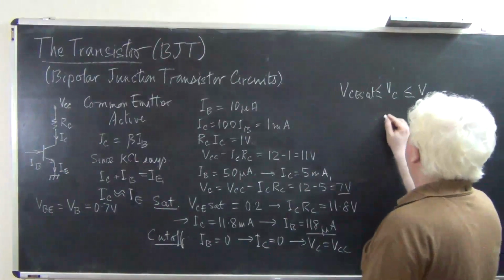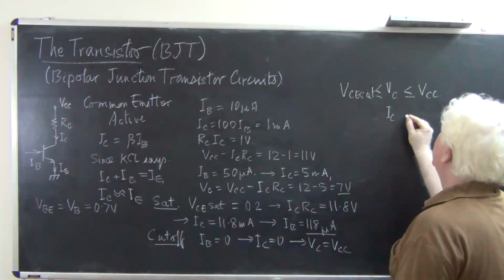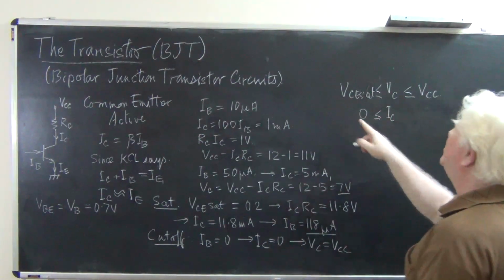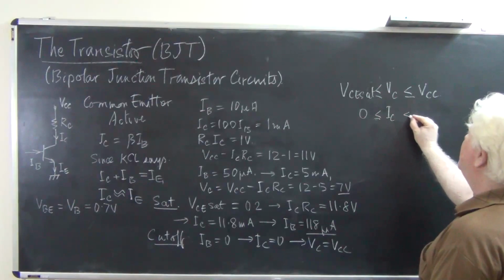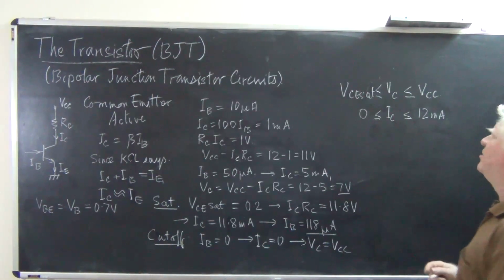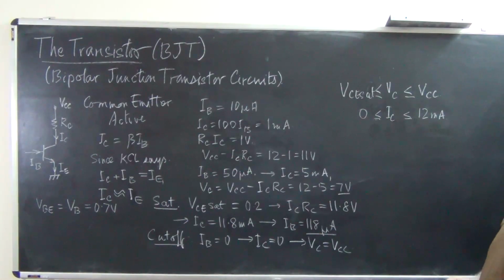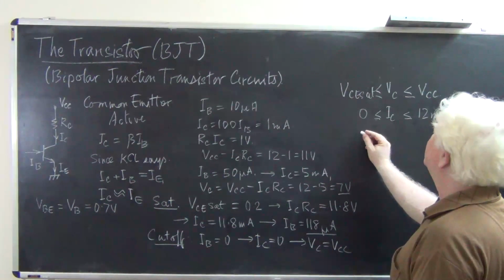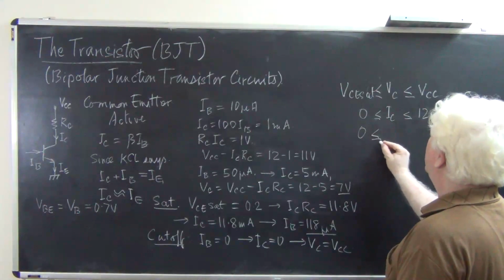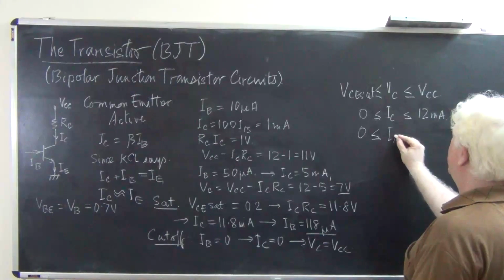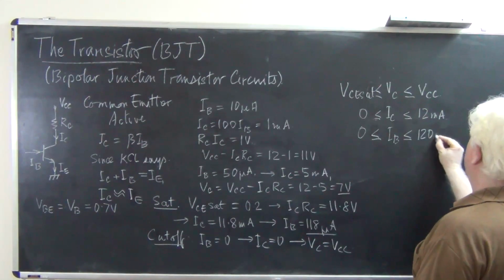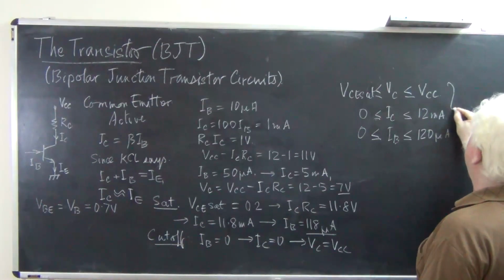So IC can vary between 0, which occurs when IB is 0, and 12 milliamperes, and correspondingly the base current varies from 0 to 120 microamperes. So this is the range.